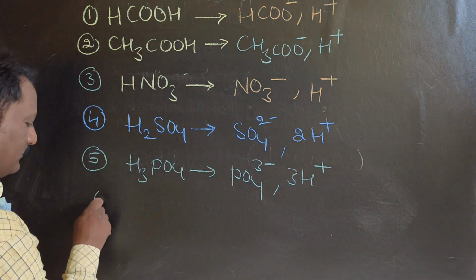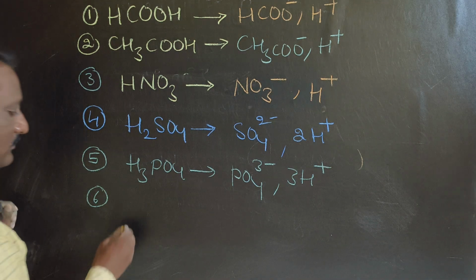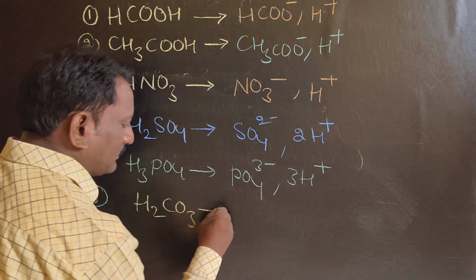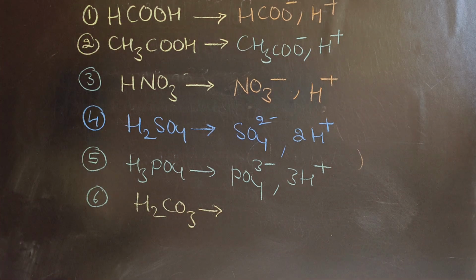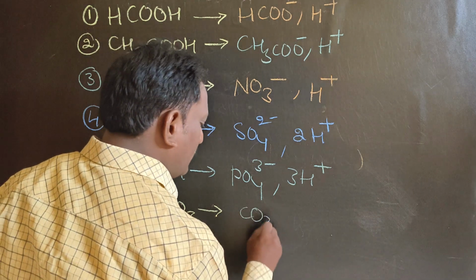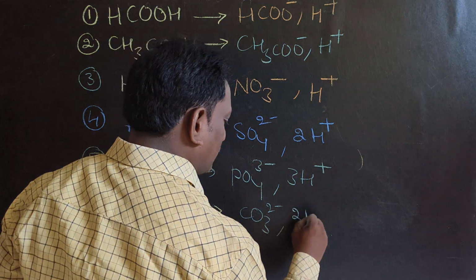Next example, carbonic acid, H2CO3. It splits up into CO3 2 minus ion, carbonate ion, along with 2H plus ions.